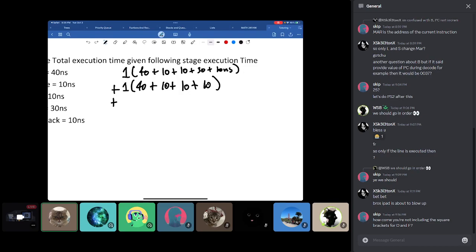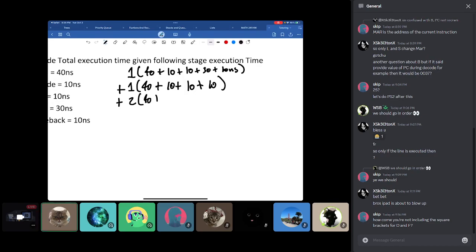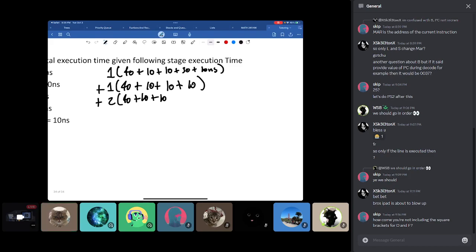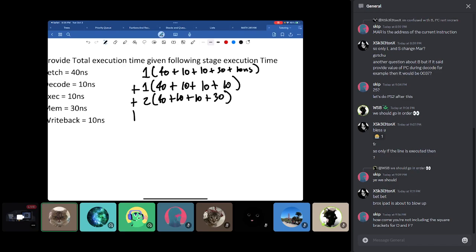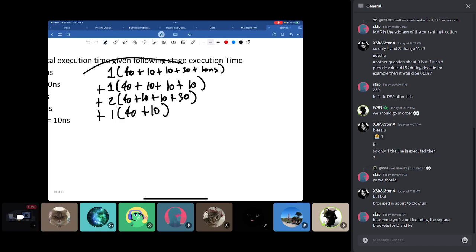Store, that's 2. We have 40 nanoseconds plus 10 nanoseconds plus 10 nanoseconds plus 30 nanoseconds. And then we have 1 jump that is 40 nanoseconds plus 10 nanoseconds because it's just fetch and decode. That is it.